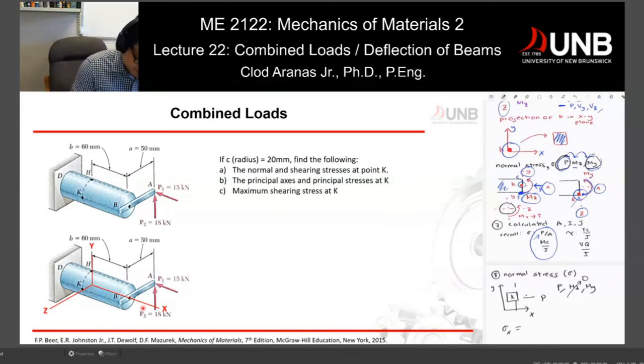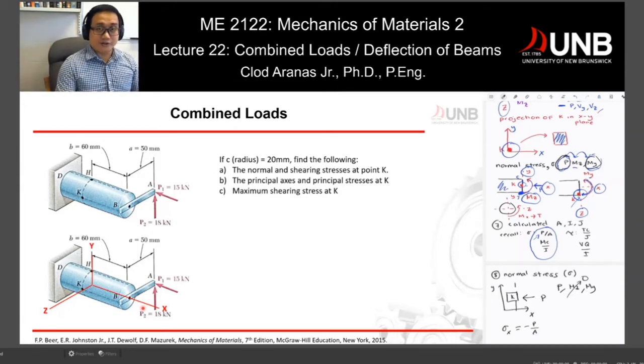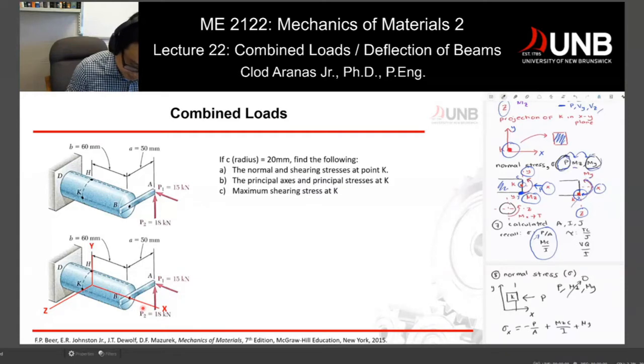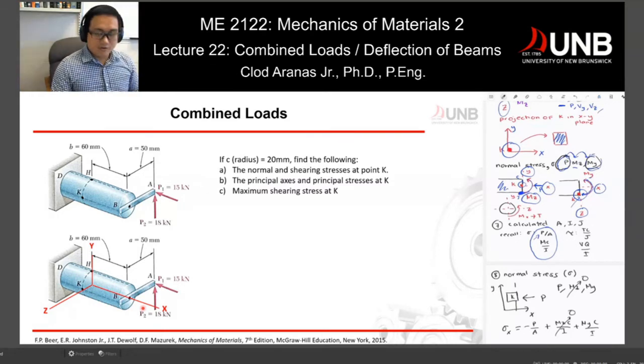Your P should be the other way, pushing it in compression, which means I have negative P divided by A. That's a compression, I'm compressing my K. Now, if you want to be more organized, you can write MZ C divided by I, plus MY C divided by I. But again, M sub Z has no effect as we discussed earlier because it's at the center. How about M sub Y?